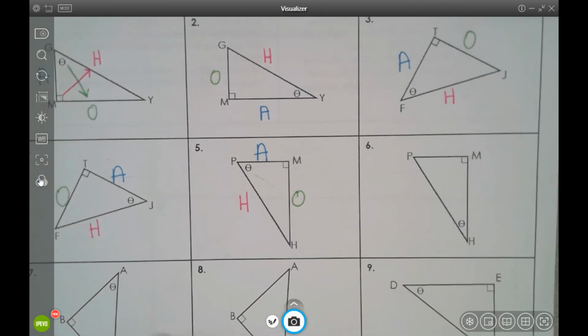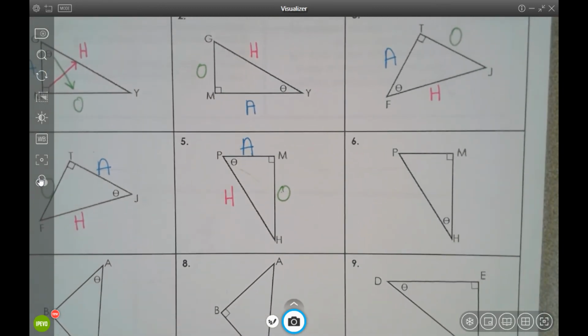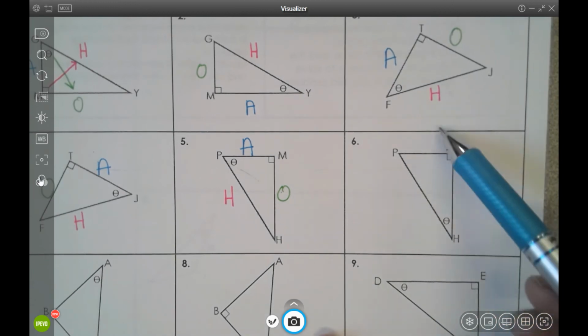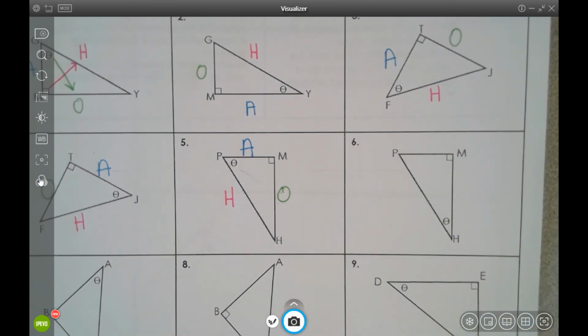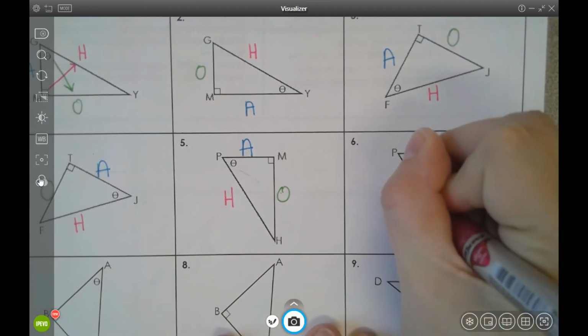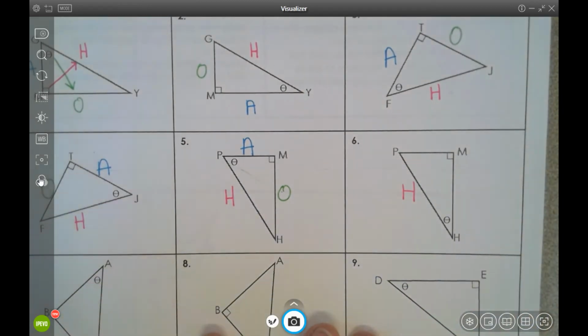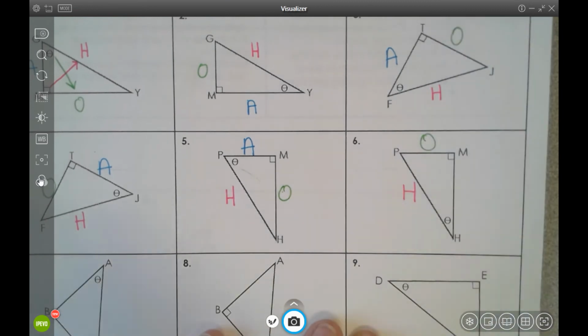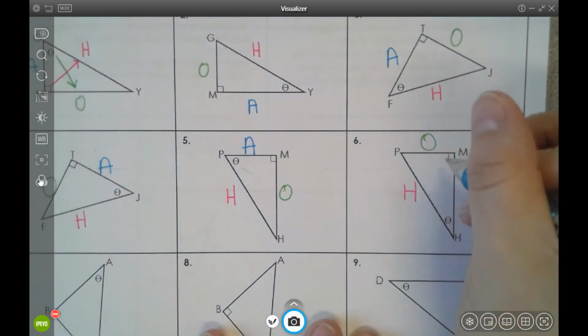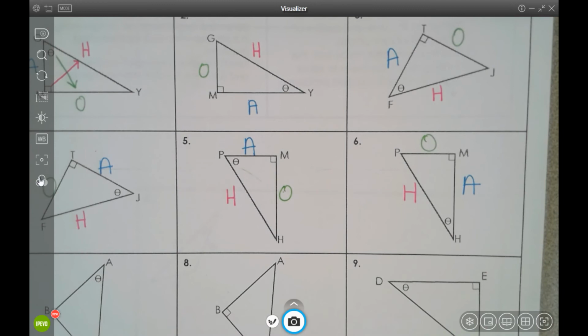Something I should have done but I didn't do was I may ask you if I label your sides and then ask you where theta is. So I might make up one and put it on a separate sheet of paper. All right, so across from the 90 is the hypotenuse. Across from theta is the opposite. The other one is my adjacent.